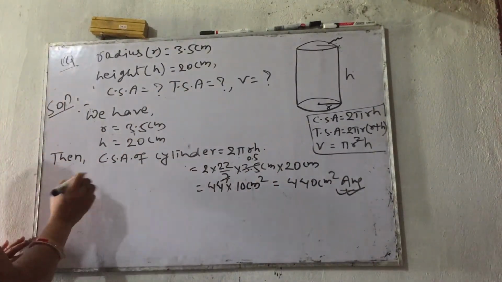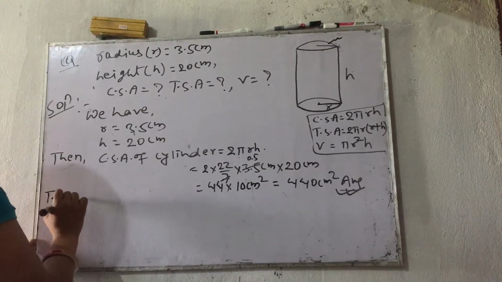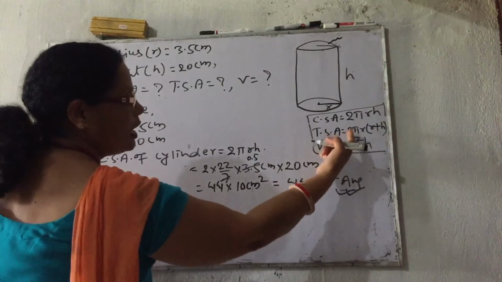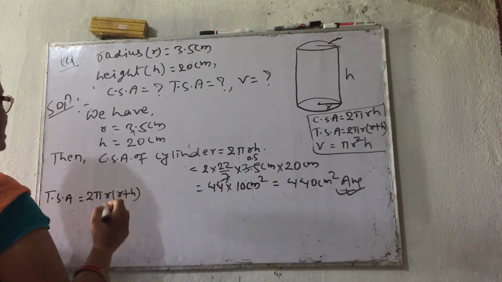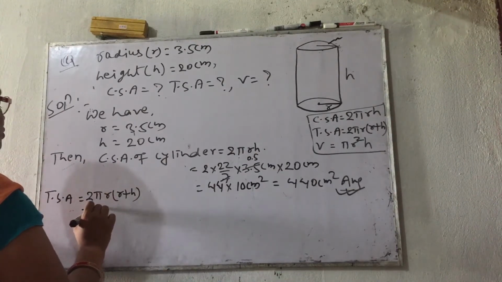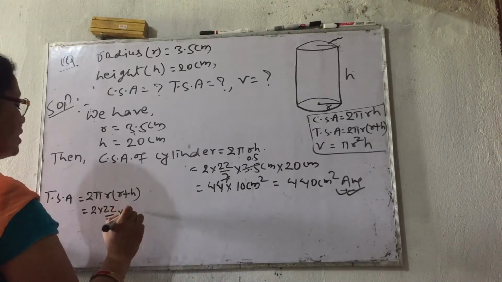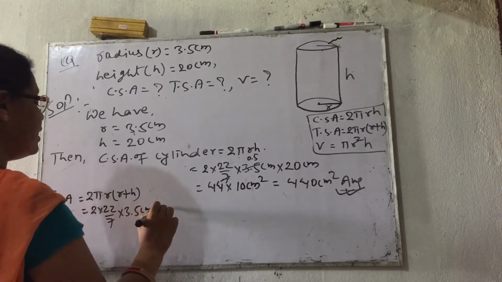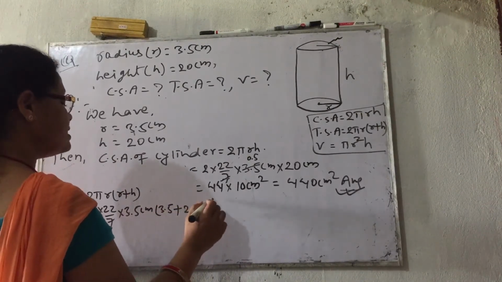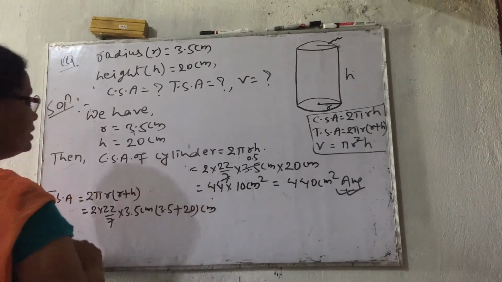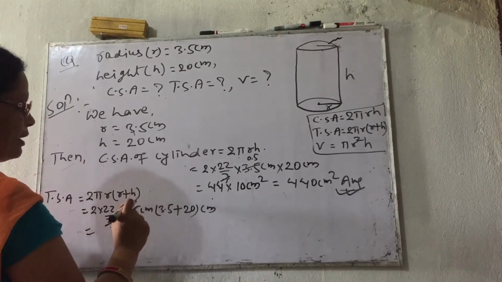Now in second number we have to find out its TSA. TSA equal to, what is the formula? 2 pi r into r plus h. So equal to 2 pi means 22 upon 7, r means 3.5 cm, again 3.5 plus h means 20, I am writing cm only. Now after cancelling it will be 0.5.